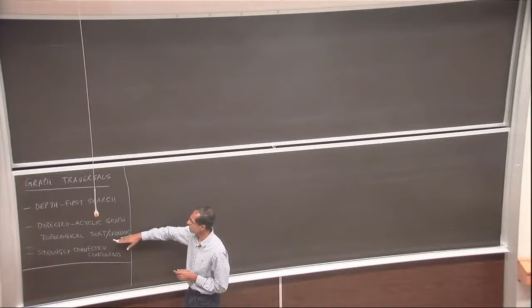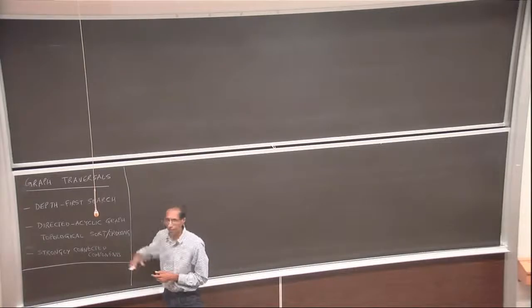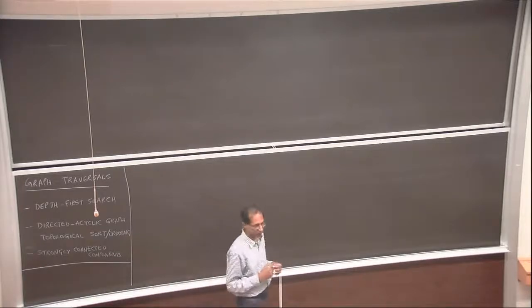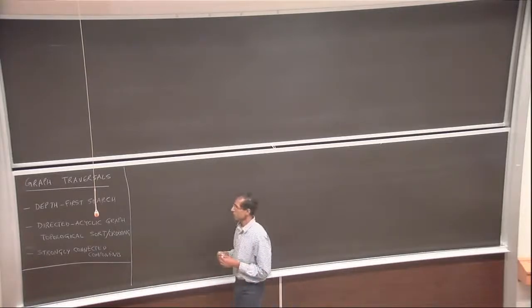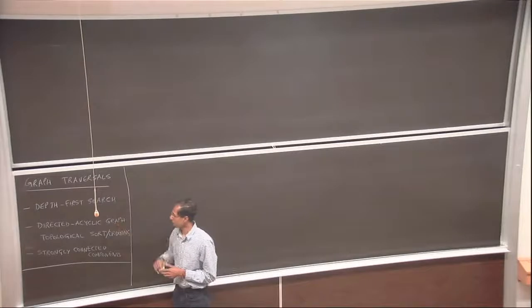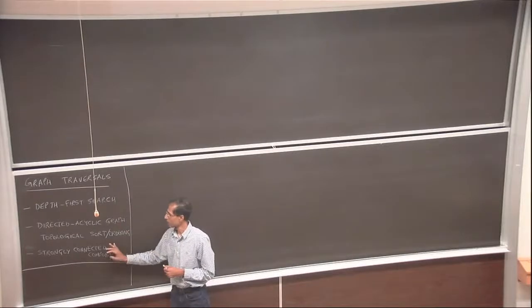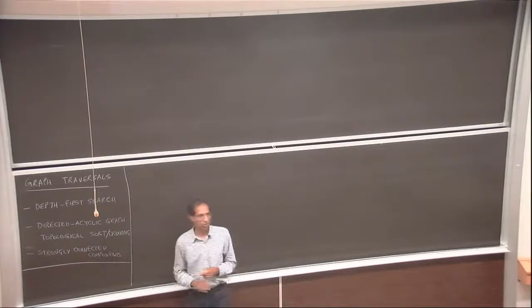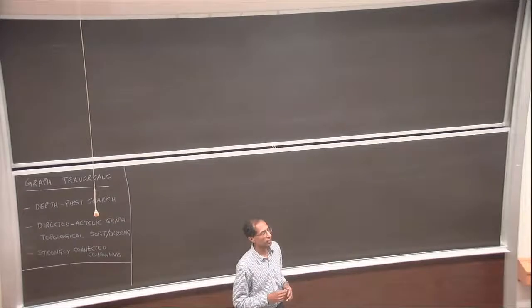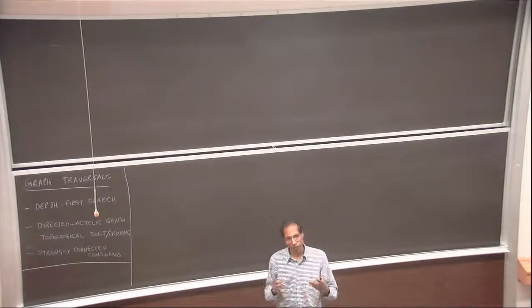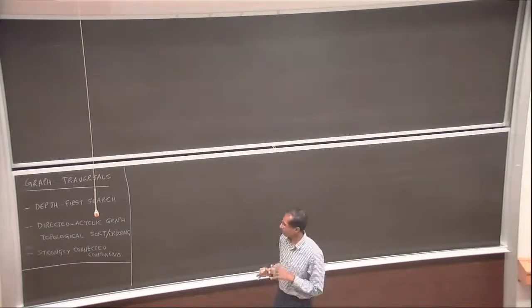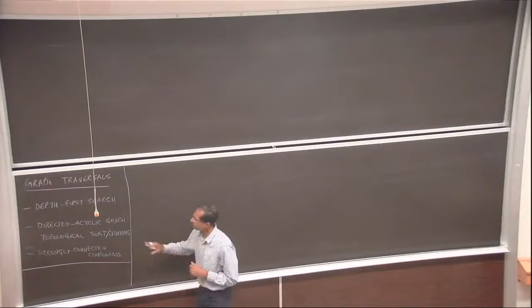One is how to look at directed graphs that don't have cycles. We call them directed acyclic graphs. And a very nice application of depth first search is finding components of a directed graph, and we'll explain how we go about this.